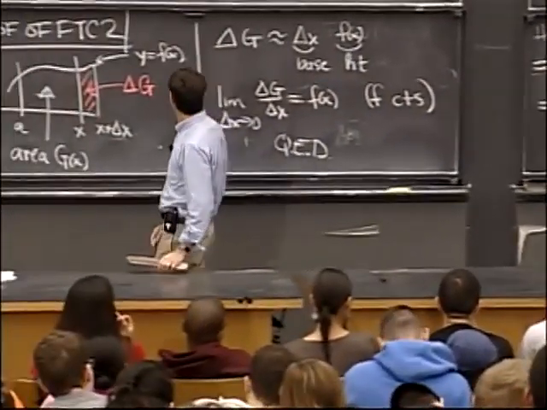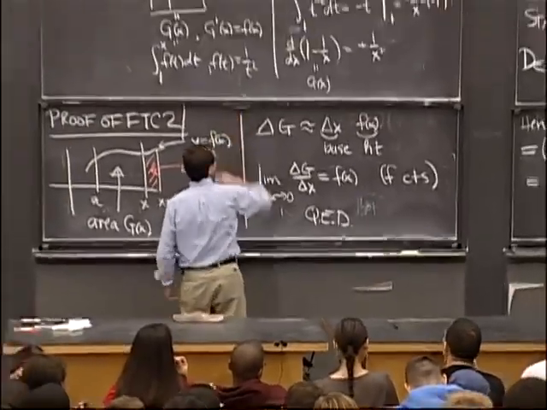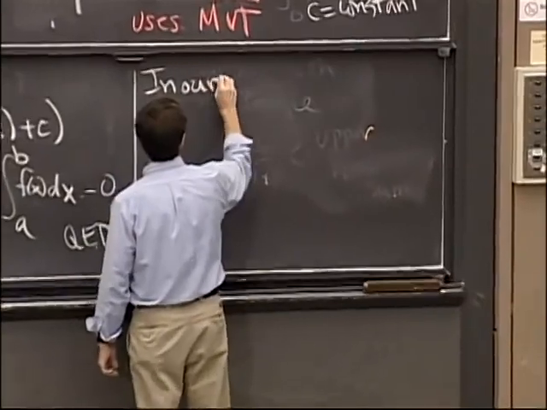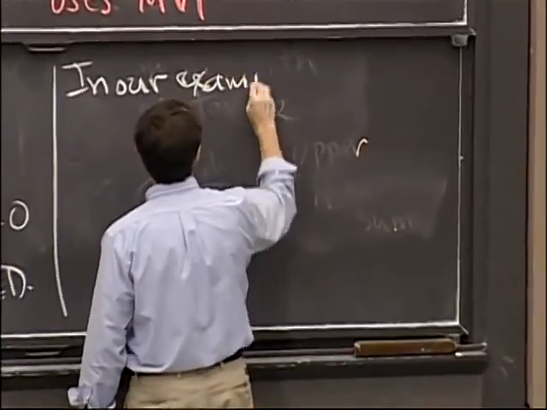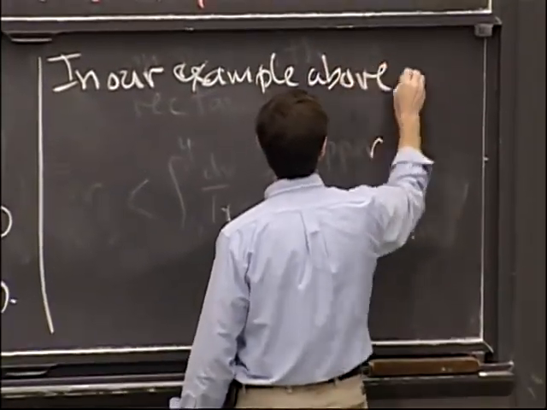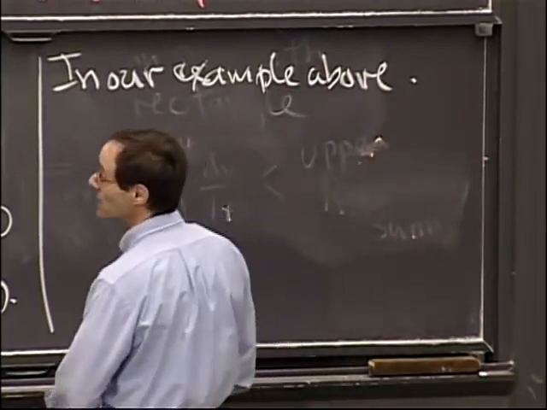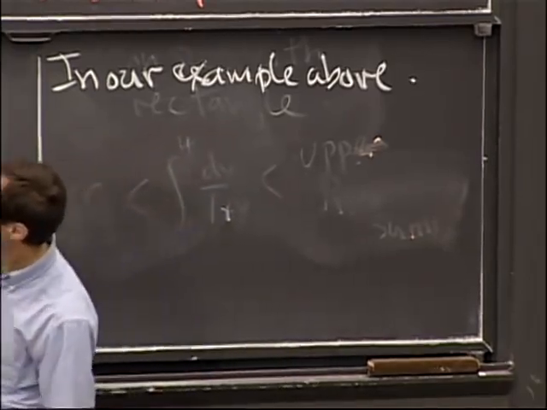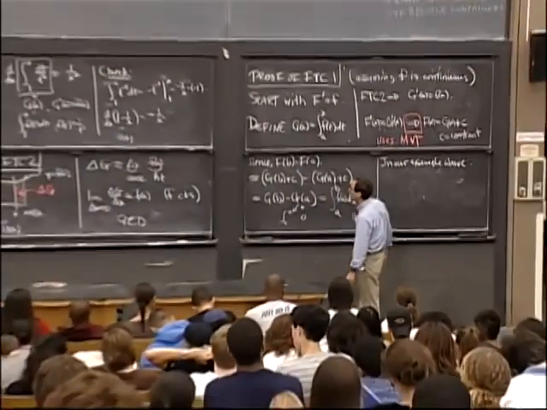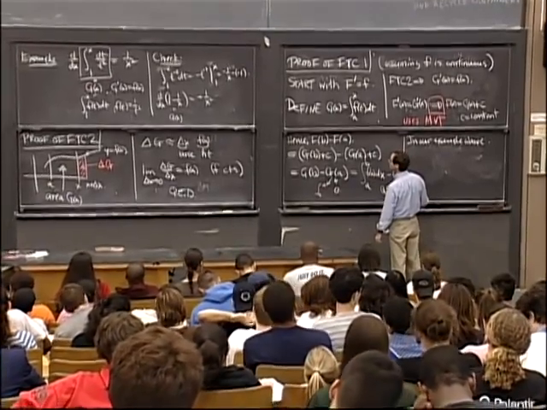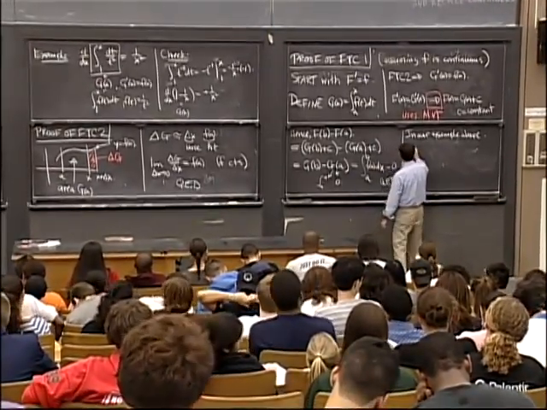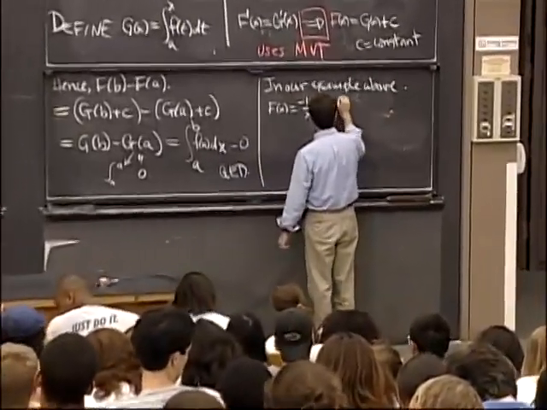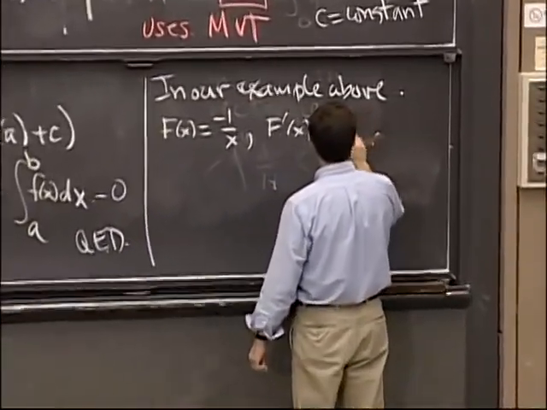Okay. So let me just notice that in the example that we had above, we had, say, f(x) equal to minus 1 over x. So f'(x) is 1 over x squared.